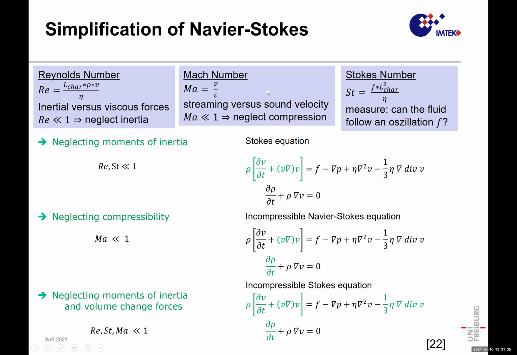We have the Mach number. Everybody knows the Mach number, which is comparing the actual velocity with the speed of sound. So if you have small velocities, then we can neglect compression. Compression, which everybody knows, is the origin of these hypersonic bangs that we hear if an airplane is compressing air in front of its nose while flying with or beyond the velocity of sound.